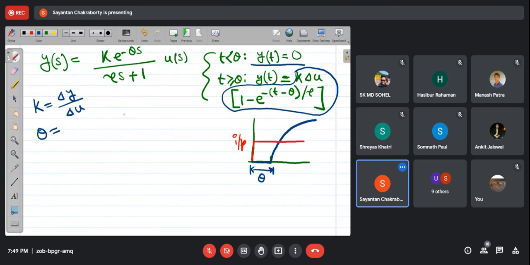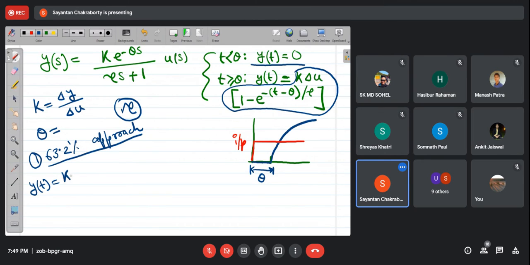So what is remaining? How to calculate tau? There are different methods of calculating tau. One method is the 63.2% approach. What does that mean? If you consider this equation, Y(t) is equal to K delta u times 1 minus e to the power minus (t minus theta) by tau, and you replace t by tau plus theta, then what you will get?